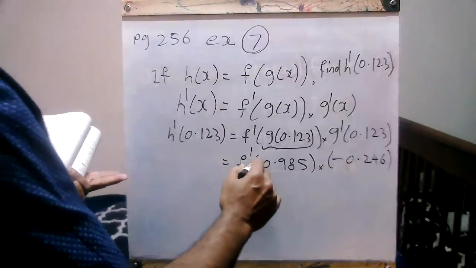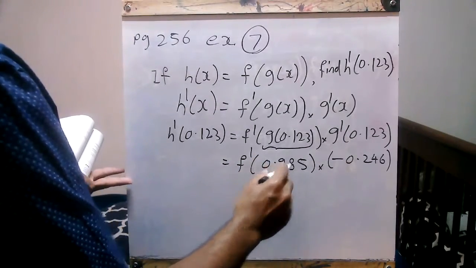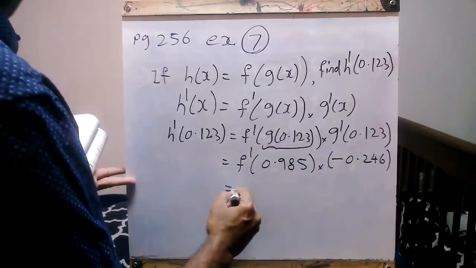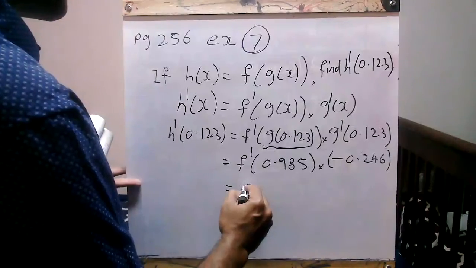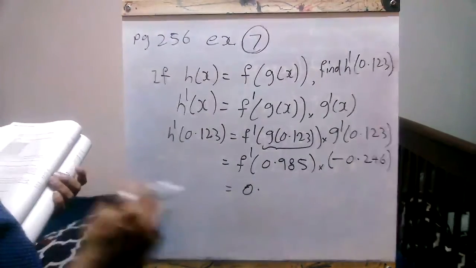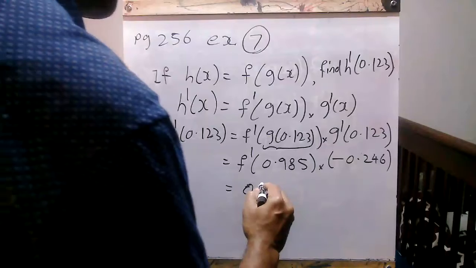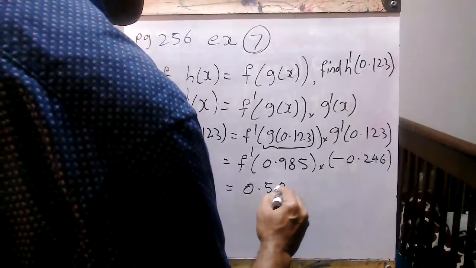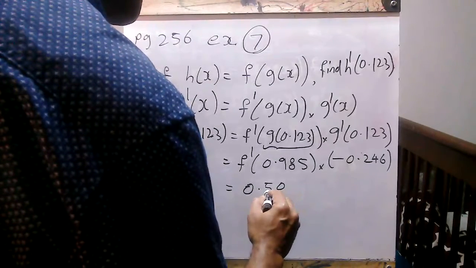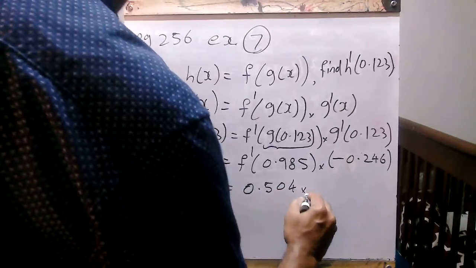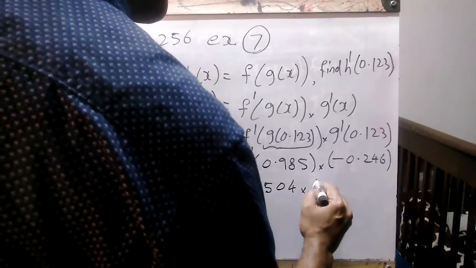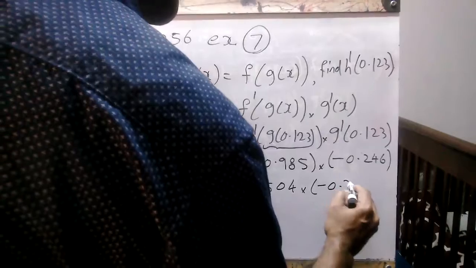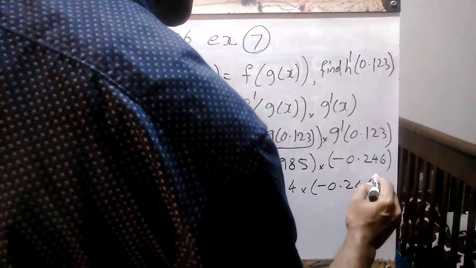Okay, f'(0.985), again from the table, we get, let me see what it is, 0.504, times this number, negative 246.